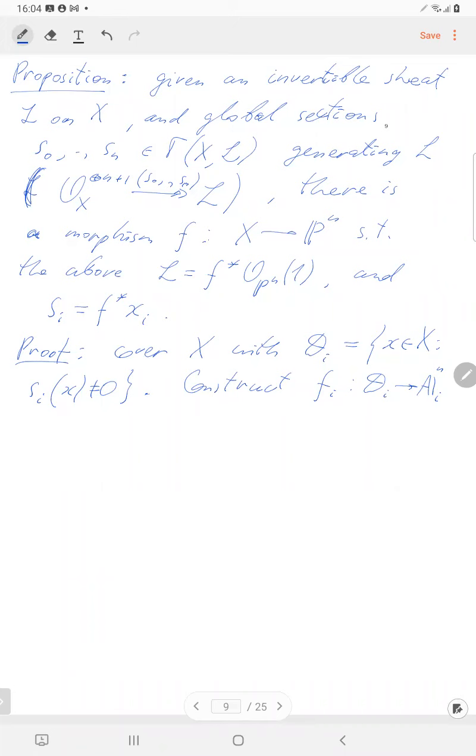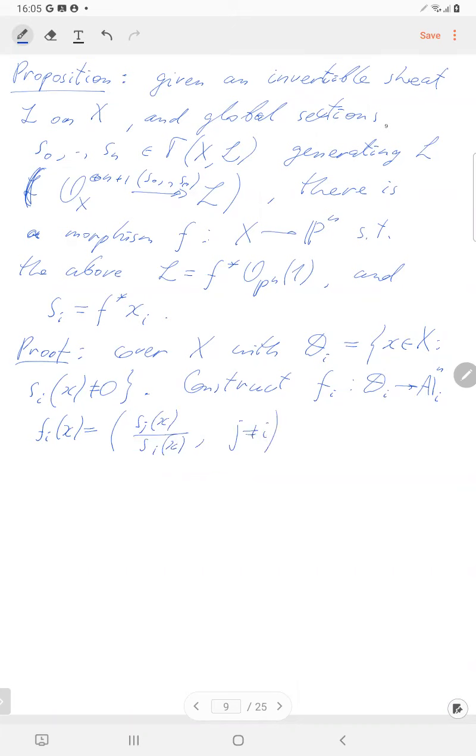For every coordinate in A^n, let's say x_i, x_i is given by S_j quotient by S_i. Yes, absolutely. S_j(x) over S_i(x), but here j is not equal to i.